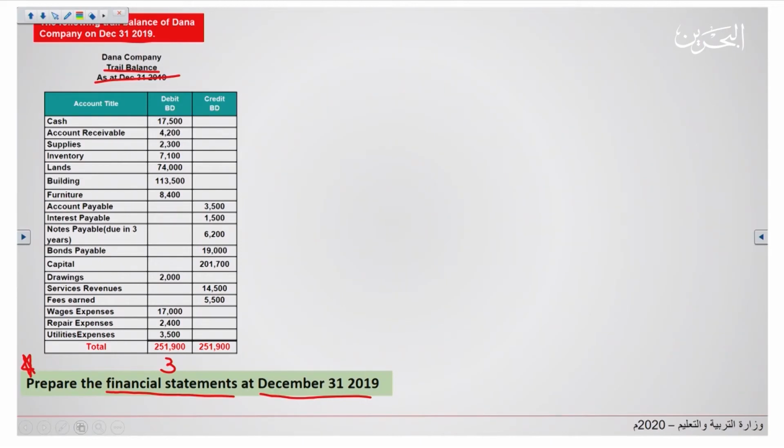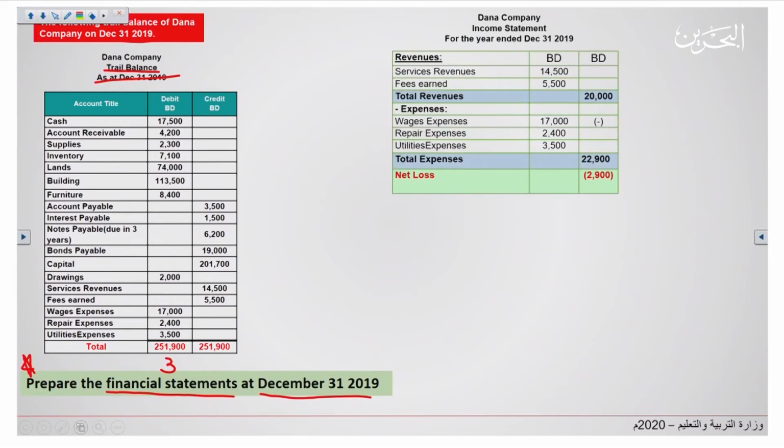First of all, we will start off with the first statement, which is the income statement. In the income statement, as you remember from our first lesson, the only two things we care about are revenues and expenses. So we will look in the trial balance to find the revenues and expenses.